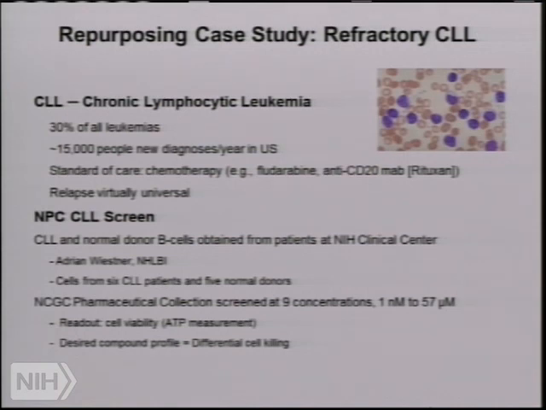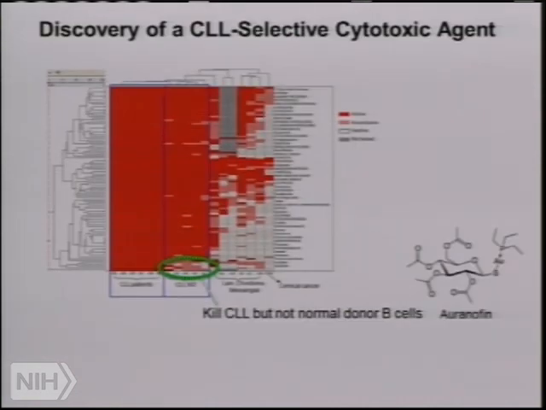We use cell viability as a readout, looking at ATP, and the desired profile for the agent of choice was differential cell killing. It's very easy to kill mammalian cells, but can you find an agent that kills CLL cells while sparing regular ones? Long story short, we found an old drug used to treat asthma, auranofin, shown here, that showed the best profile out of multiple other cell-killing agents.